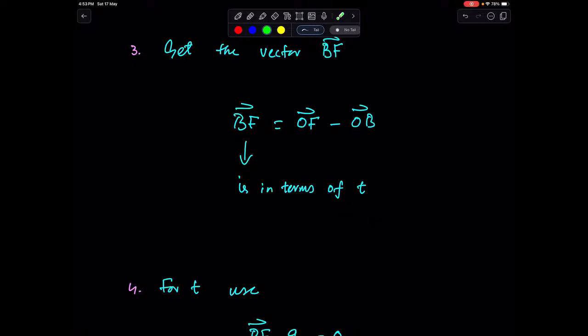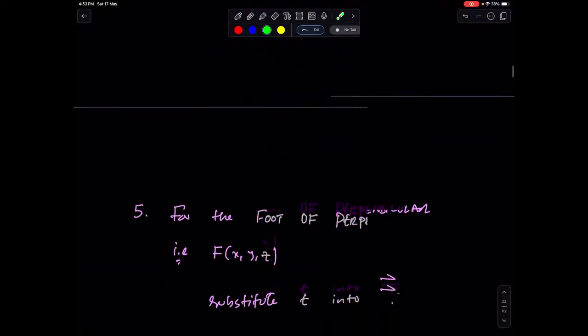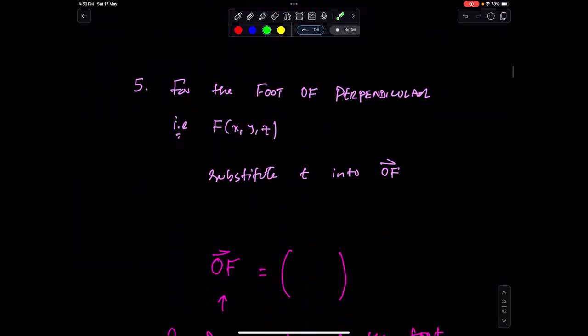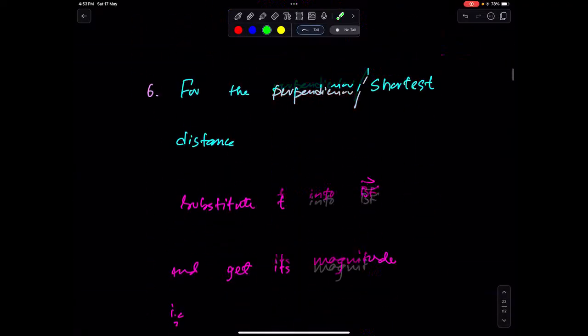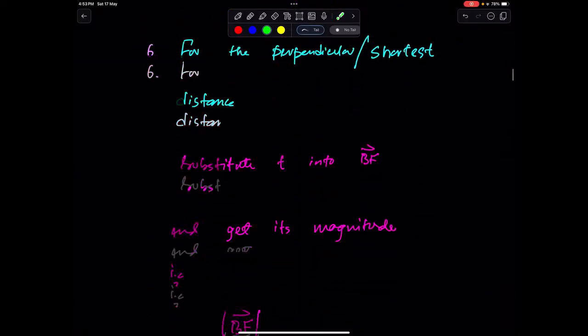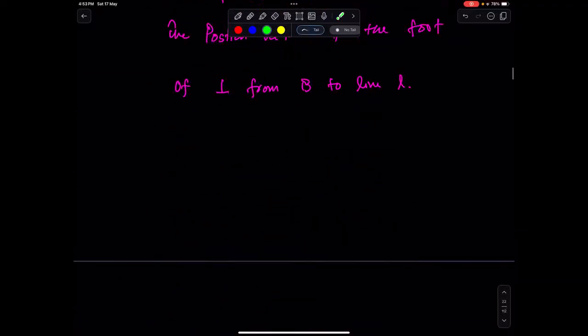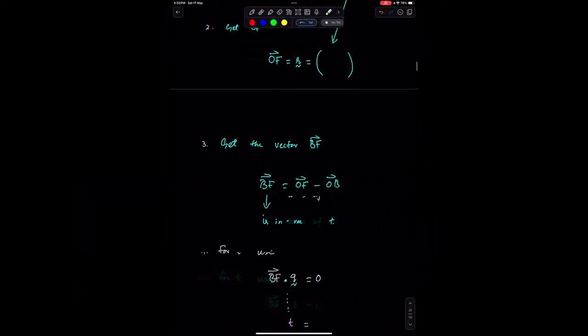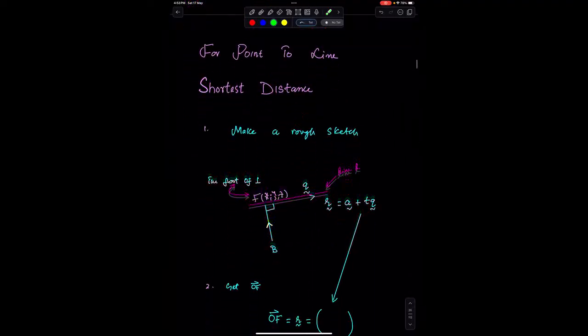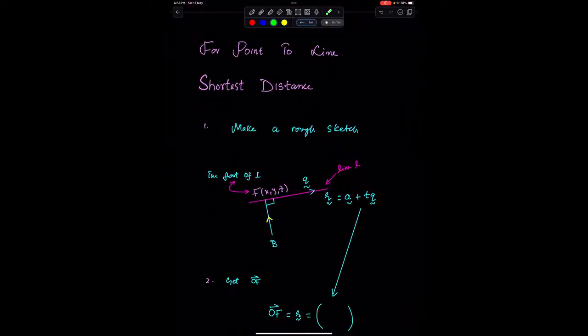The second: find the position vector of the foot of perpendicular, then substitute T into OF. For foot of perpendicular, substitute T into OF. For shortest distance, substitute T into BF. So check this concept again, then I will explain one question of this kind.